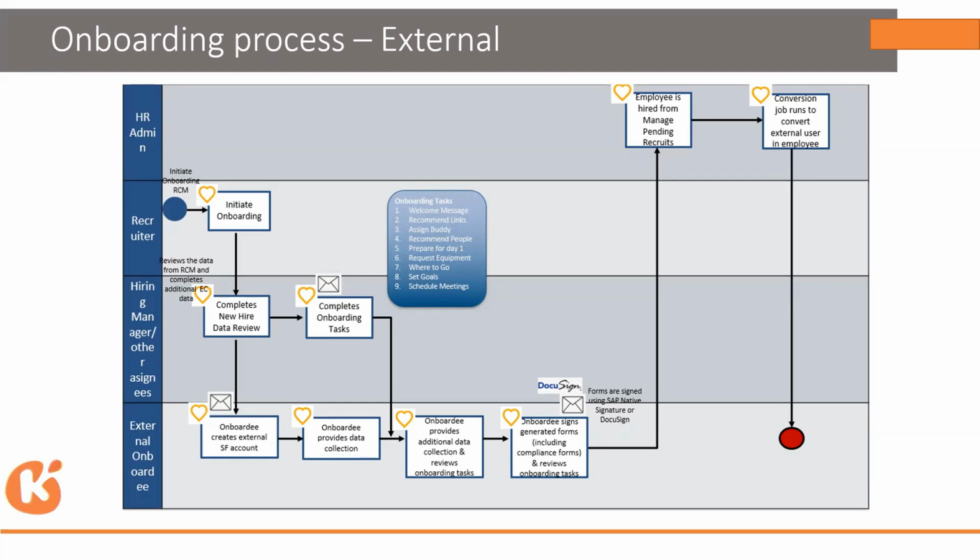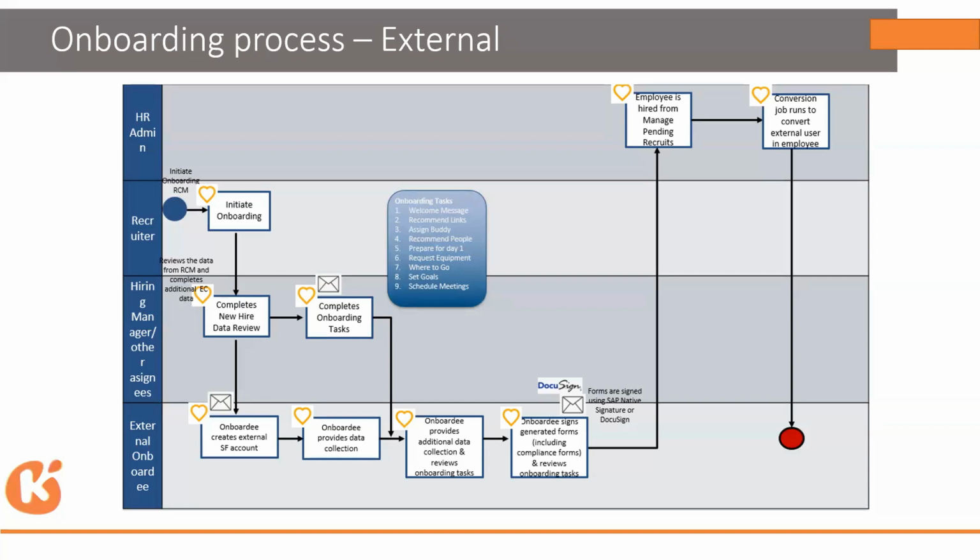So from the onboarding 2.0 perspective, SuccessFactors has an inbuilt, embedded e-signature functionality. So they don't want to go with any separate DocuSign or third party for the signature. SuccessFactors only offers an e-signature, but there is a drawback: if SuccessFactors offers the e-signature, only employee and manager can sign the form, no other participants.